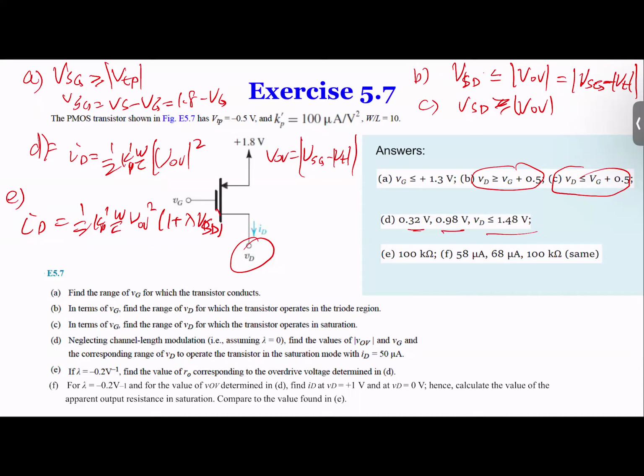You need to understand the triode region and the saturation region, and in the saturation region, you also have the channel length modulation effect, the output resistance. So that's pretty much the MOSFET, and then we of course move on to talk about different operating points, how to calculate the current, and how to determine whether it's in saturation or triode. So it's just different variations.